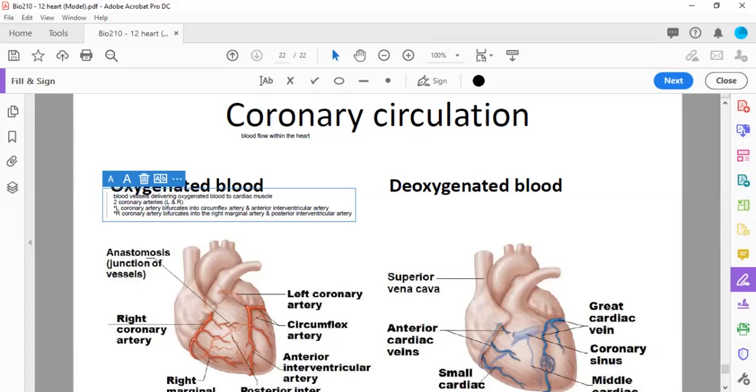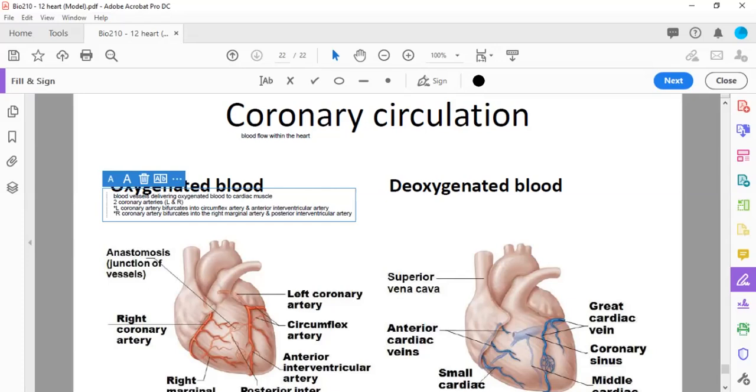Keep in mind that if you deprive any tissue of oxygen, the tissue will die out. If the heart muscles begin to die out, you are going to have what's called a heart attack. During a heart attack, these coronary arteries are blocked, which means they cannot deliver oxygen to the muscles, and the cardiac muscles begin to die.